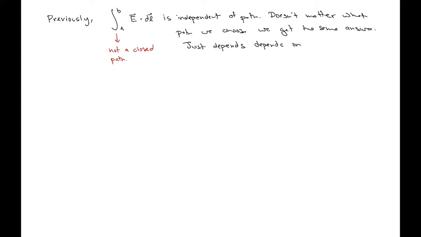But we haven't really said what those endpoints are. I can look at this integral and tell you what the units should be. If you remember, this has units of newtons over coulombs, and this is going to have units of meters. So whatever this endpoint is, it's going to have units of newtons times meters over coulombs. Interesting.